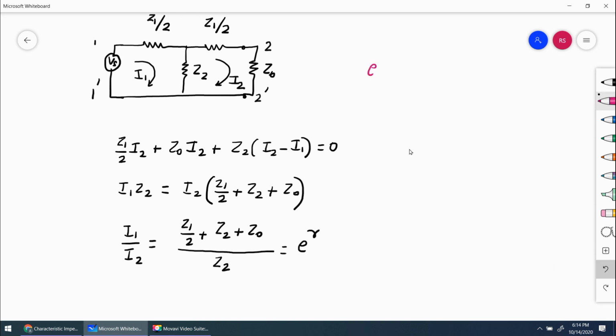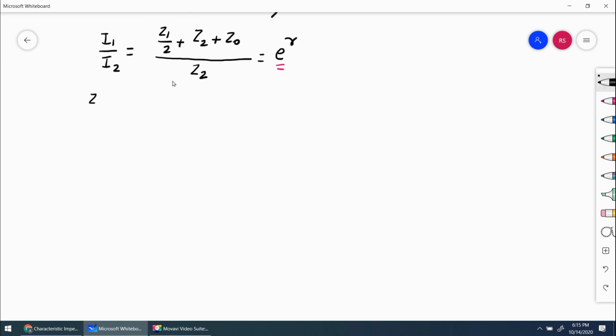Because we know that propagation constant gamma is given by log of I1 by I2 to the base e, e to the gamma is equal to I1 by I2.